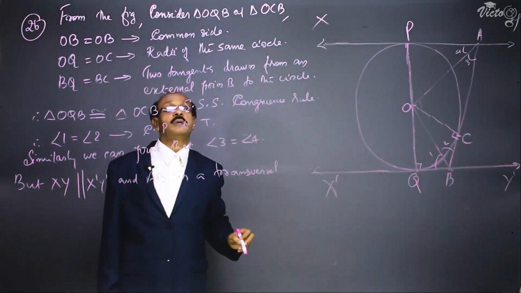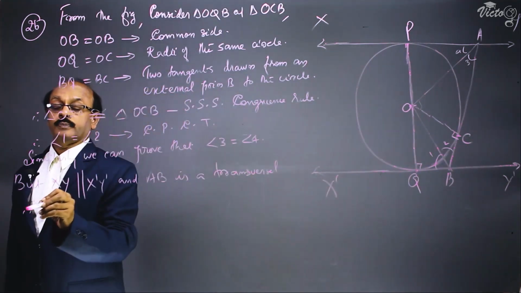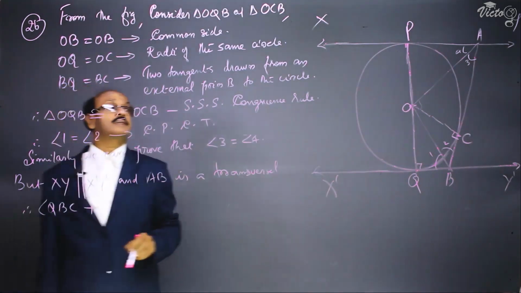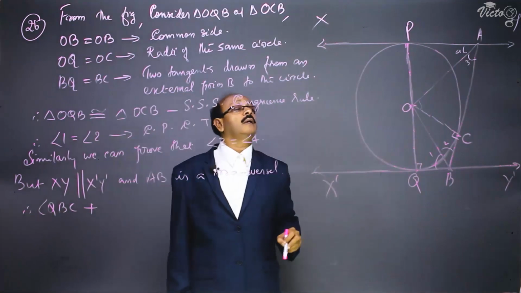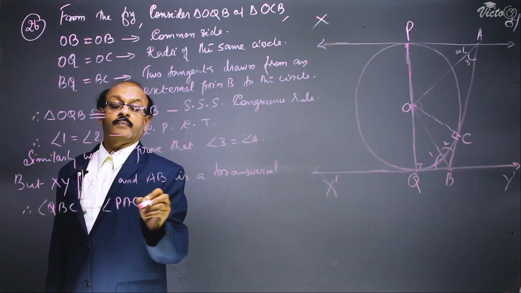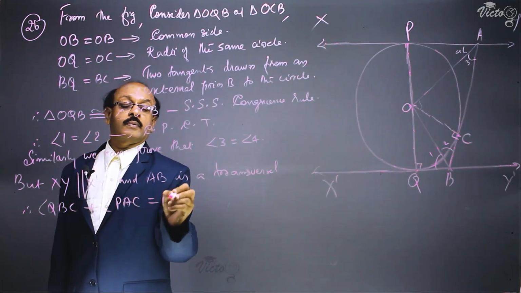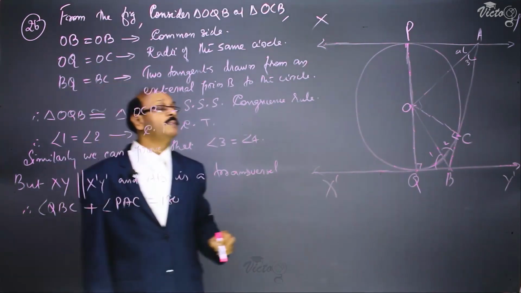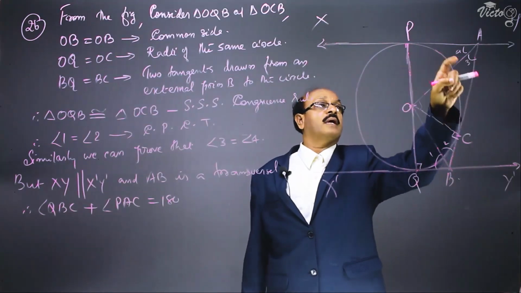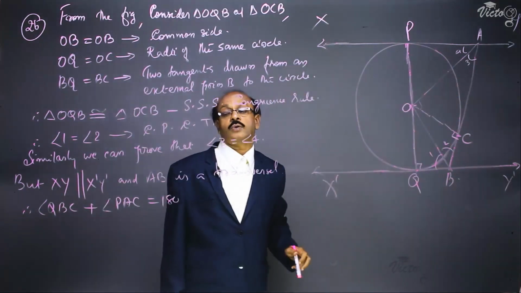Therefore, angle QBC plus angle PAC is equal to 180 degrees. See, angle QBC is angle 1 plus 2, and PAC means angle 3 plus 4, which is equal to 180.